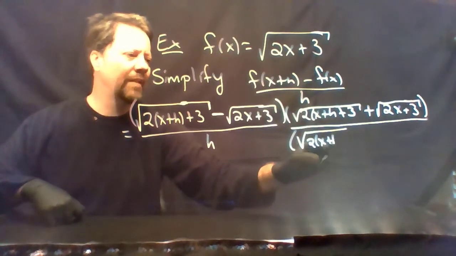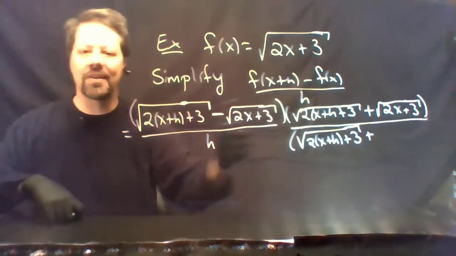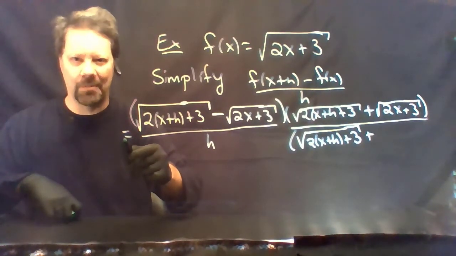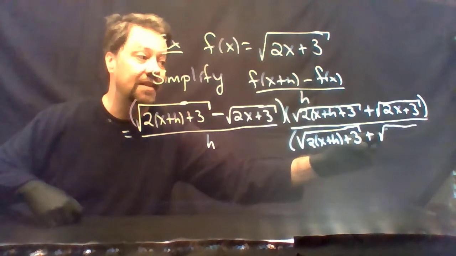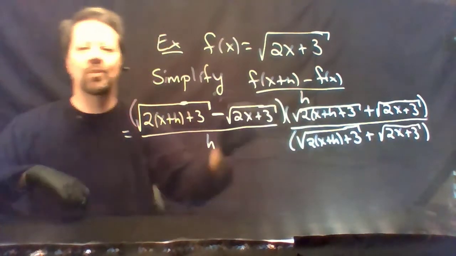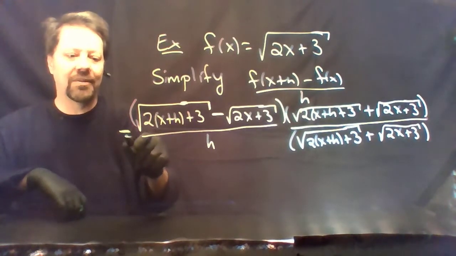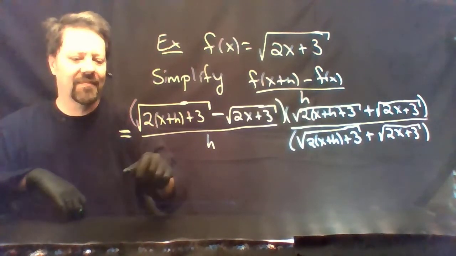You have to multiply top and bottom by the same thing, or else it's not equal anymore. We're multiplying by something that is essentially 1. We'll maintain the value of the expression, but we'll just change the form.